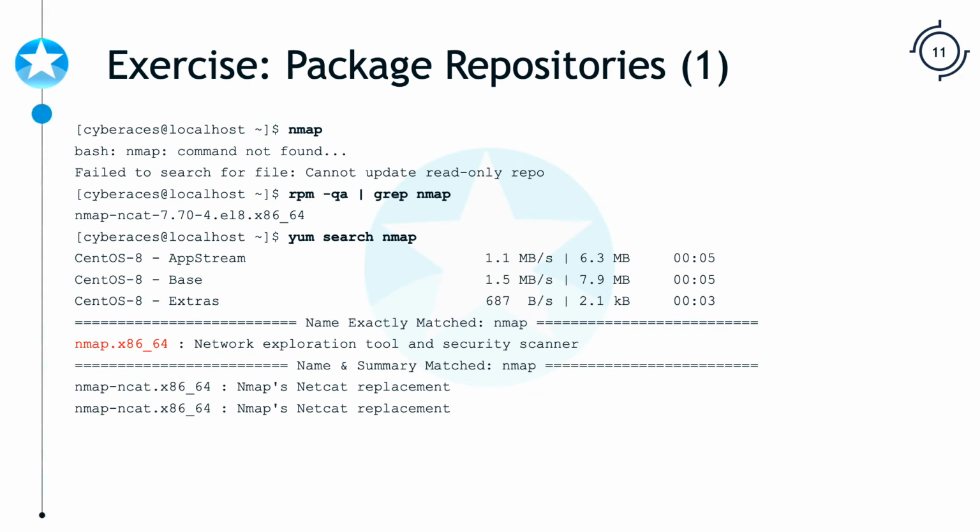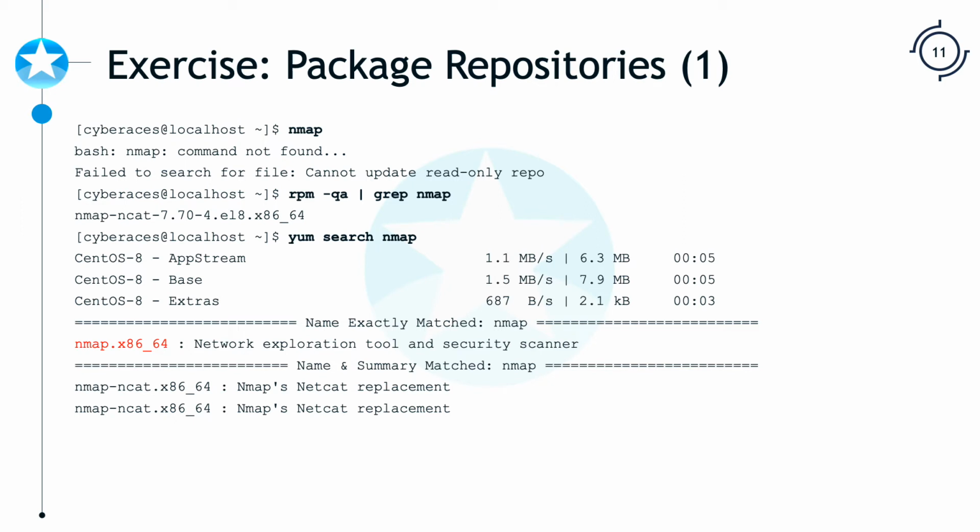Now let's try to run the package nmap. Nmap is a tremendously useful tool for identifying systems and services and doing what's called port scanning. If we run nmap, we can see here that it says command not found. Now let's use RPM with the query all and then pipe that into grep nmap to look for any sort of packages that are installed that contain the word nmap.